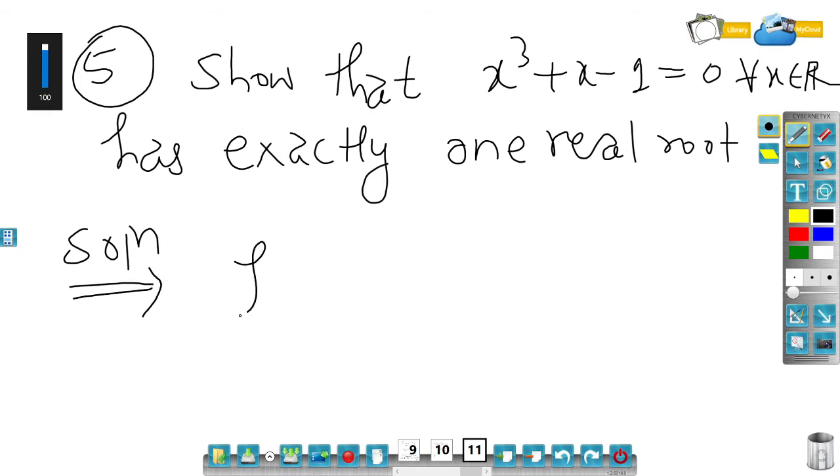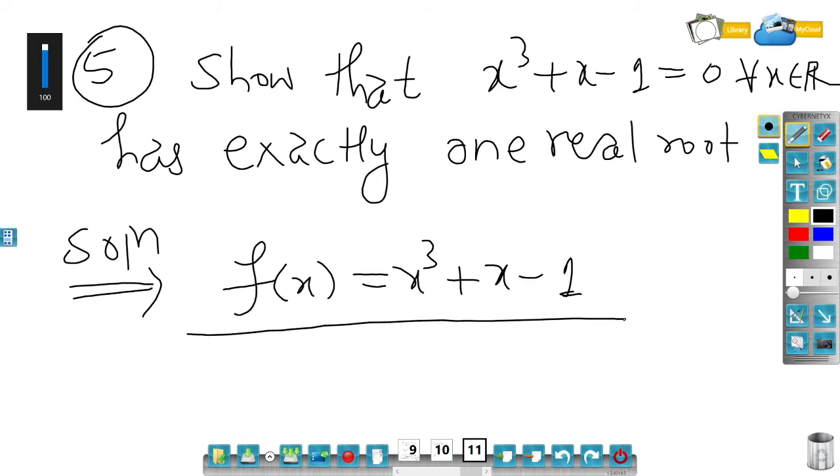Now I will frame a function f of x as x cubed plus x minus 1. One should be very clear that this equation has three roots. Now here we have to show that out of these three roots it has only one real root. So the other two roots are complex roots.